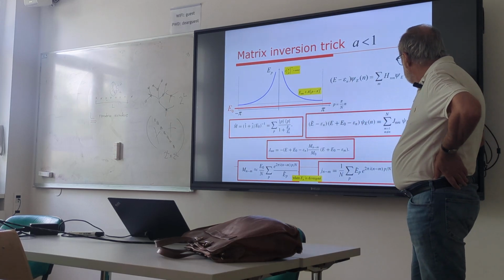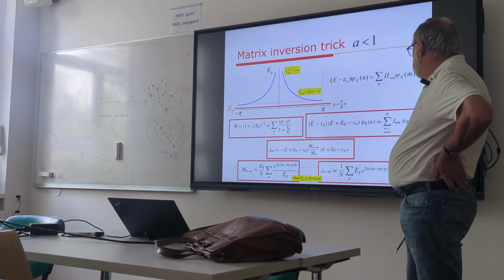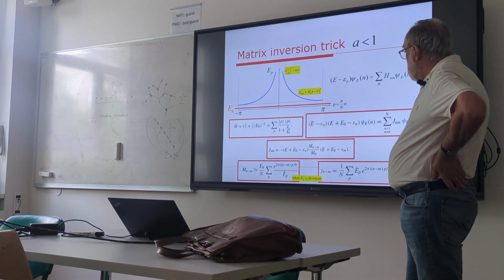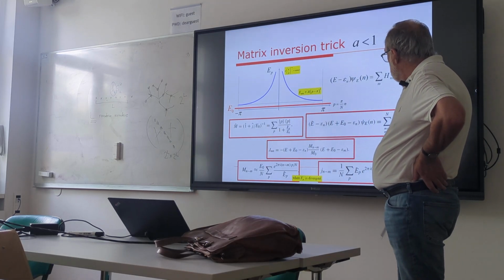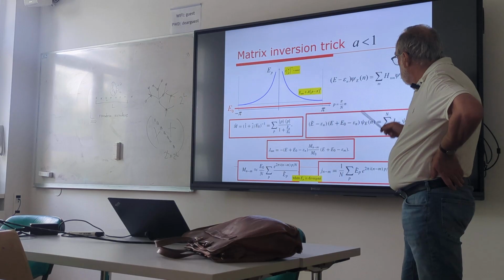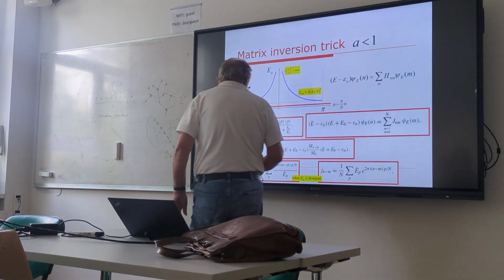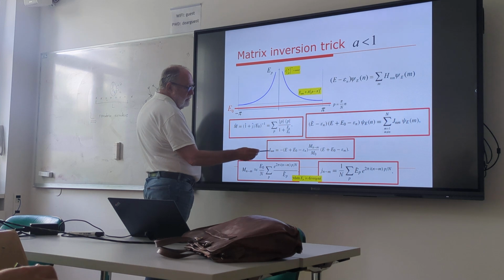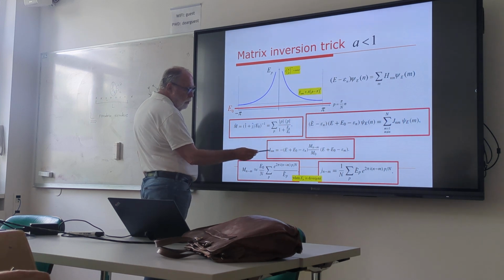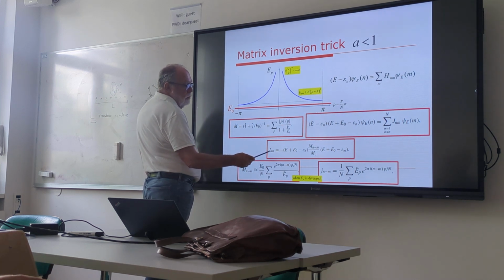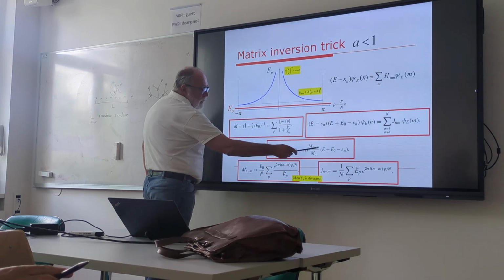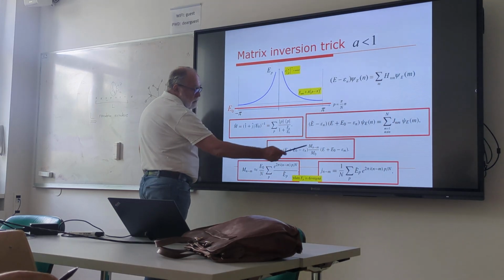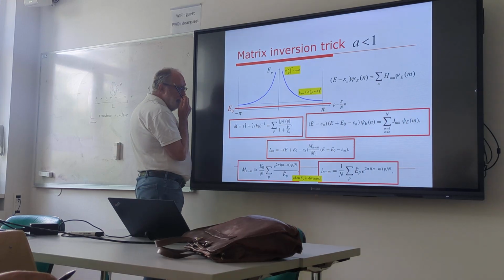But when I rewrite it in a somewhat complicated way, instead of H and M I have some other hopping term, which is expressed in terms of some matrix which also depends on n and m.